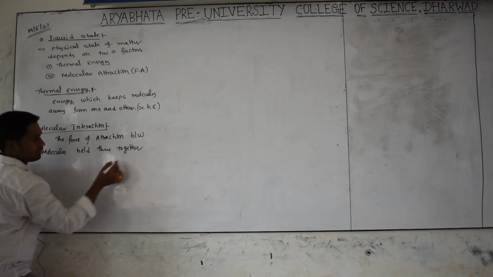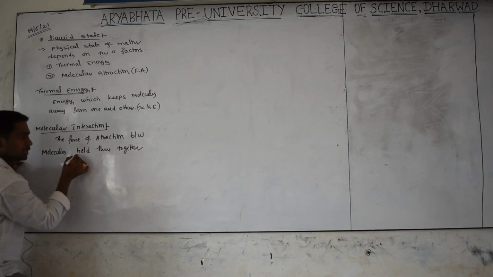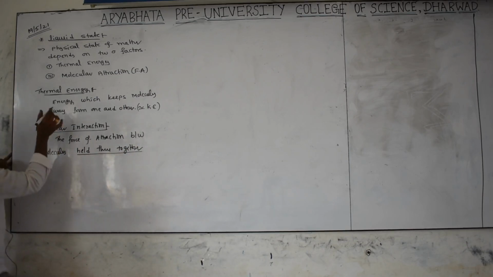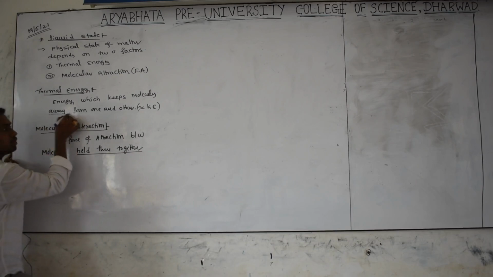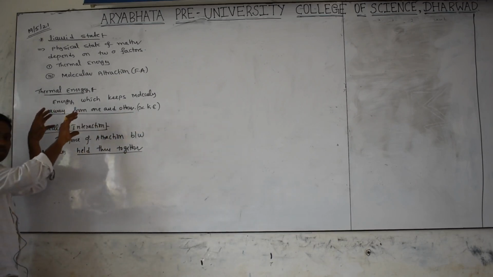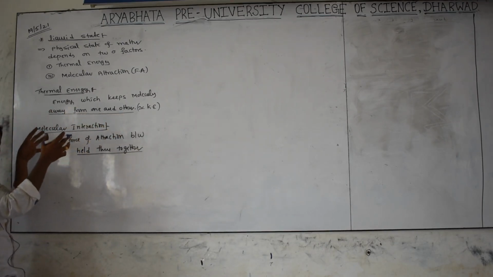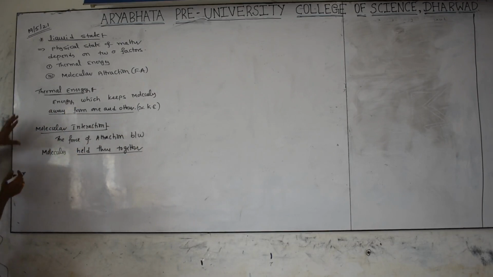Yes, see very carefully. This is the force of attraction between the molecules that holds them together, but thermal energy keeps the molecules away from one another. Thermal energy pushes the molecules away from one another, but the force of attraction holds the molecules together. Based on the relation between thermal energy and molecular interaction, the physical state depends.